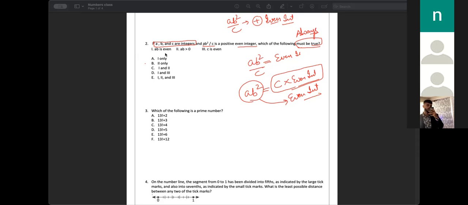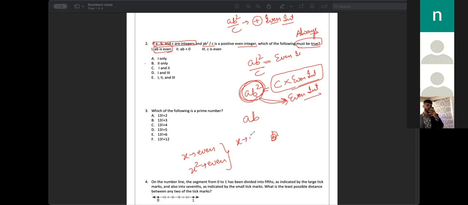First, A into B is even. If AB square is even, A into B is even, meaning out of A and B, one of them is even. Definitely that is the case here. If any number X is even, then X square would also be even.